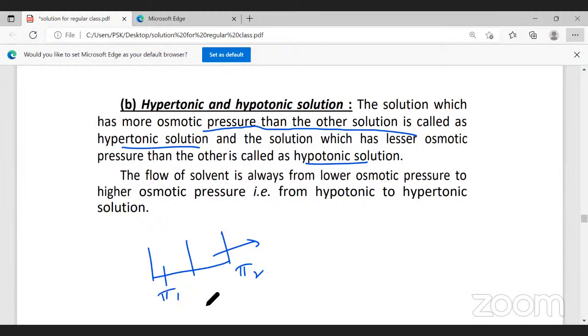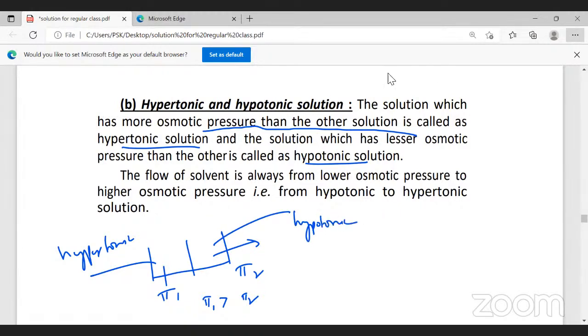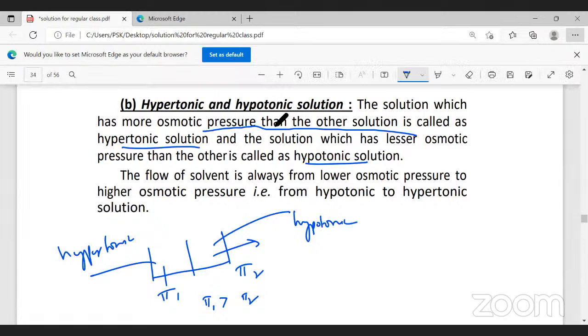If pi 1 is greater than pi 2, then this solution will be called what? Hypertonic. And here, since pi 2 is lesser, this will be called what? Hypotonic. Did you understand?